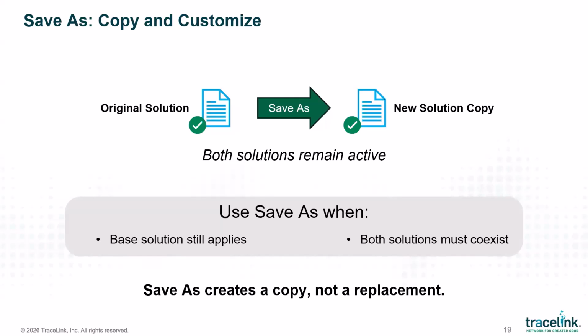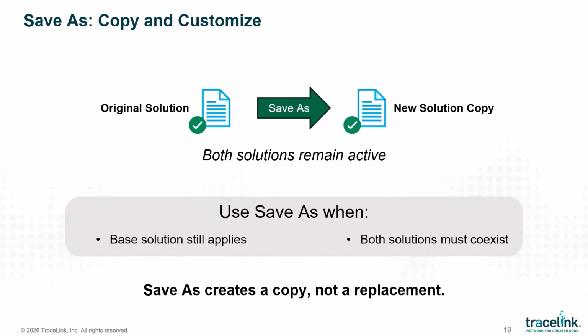Coming back to our example, in Priya's scenario, Priya needs to adjust a released solution to add an additional data field for a specific use case. The core structure of the solution remains the same, but a few controlled adjustments are required. In this situation, she uses Save As to create a company-owned copy and then customizes it. Save As is appropriate when customization is needed. The base solution still applies.